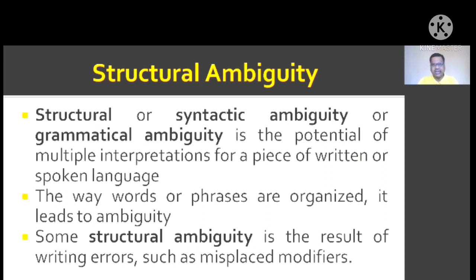Then you have another type of ambiguity that you call structural ambiguity. See, there is a difference between semantic or lexical ambiguity and structural ambiguity. As I said before, the semantic or the lexical ambiguity leads to the ambiguous statement based on the meaning of the words. Whereas the structural ambiguity leads to the ambiguous statements based on the analysis of the structure.